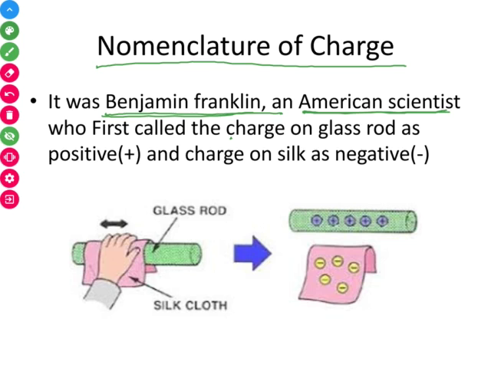With different kinds of experiments he carried out, he concluded that there are two types of charges and they are opposite to each other. Benjamin Franklin was the first scientist who gave the names of the charges. He named one of the charges positive and the other charge negative.